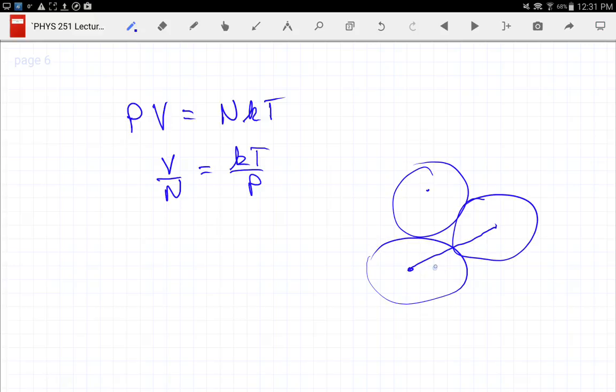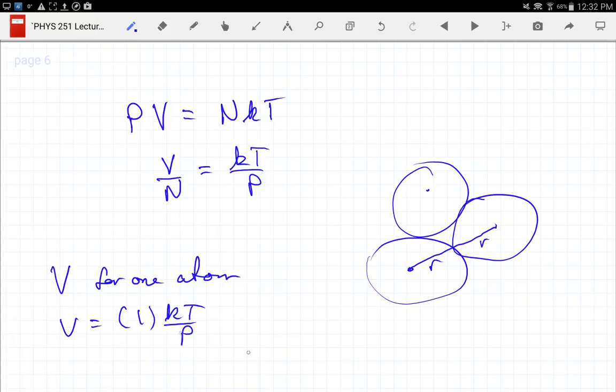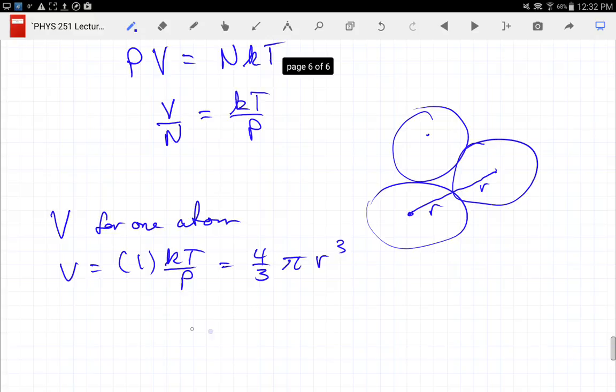I use a spherical volume. This is R, this is R. The separation between them is going to be 2R. And so I say the volume for one atom, V is equal to 1 times kT over P, and that's equal to 4/3 pi times that radius cubed. So I just solve for radius, and the distance will just be 2R. Yep.